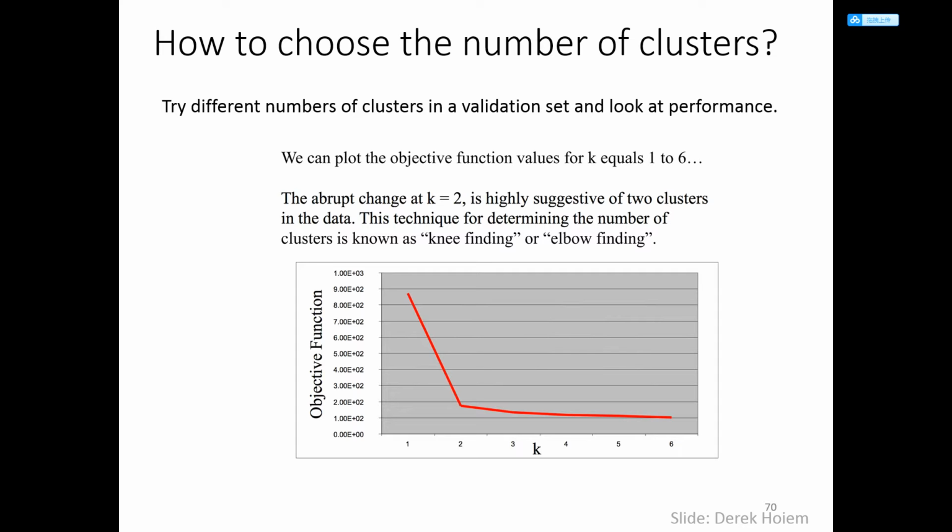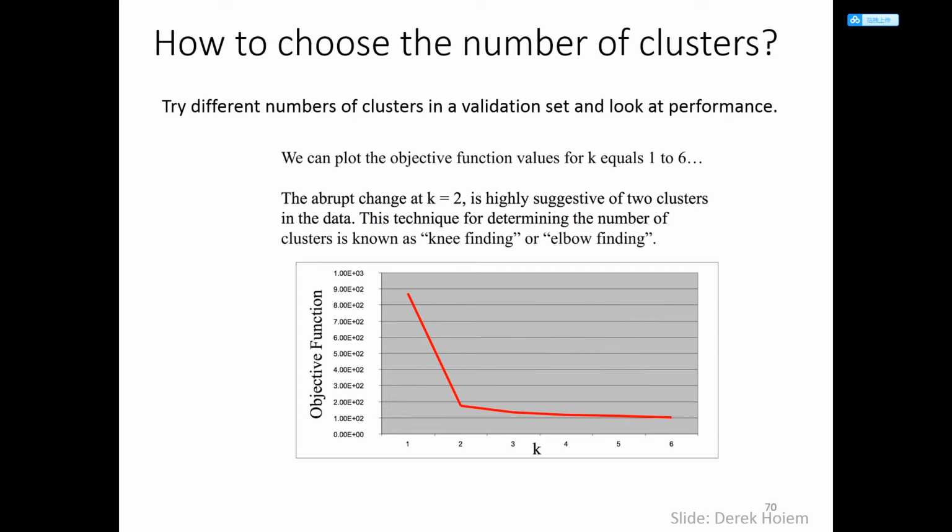Actually, this is not just a K-means problem. Many of these algorithms require you to first determine how many clusters you have. One way to determine that is to do it afterwards. You just try different numbers of clusters, and then apply some kind of objective.